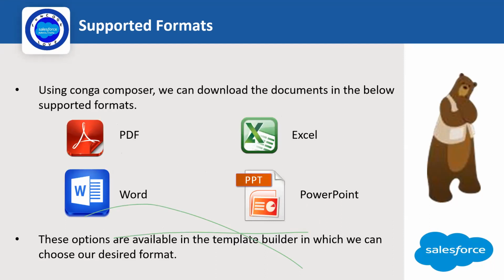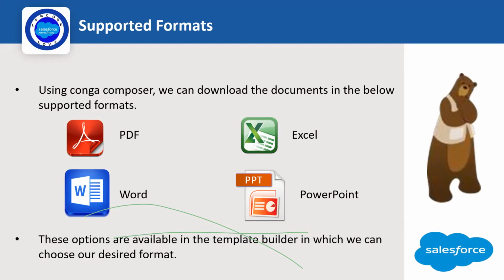These are all the supported formats in Conga Composer. This is one of the major advantages. While using Conga Composer, you can download the documents in these 4 formats: PDF, Excel, PowerPoint, and Word. While we are writing some code and downloading documents for some other use cases, they will download as a PDF.